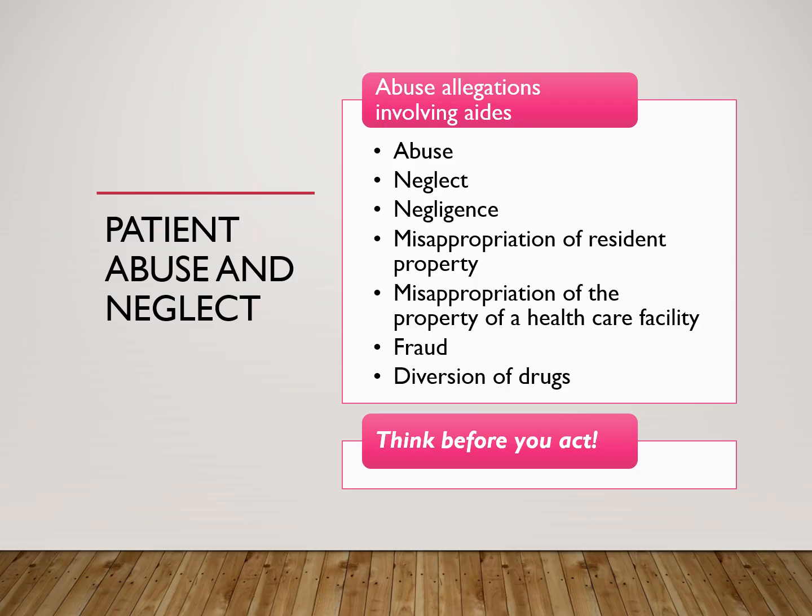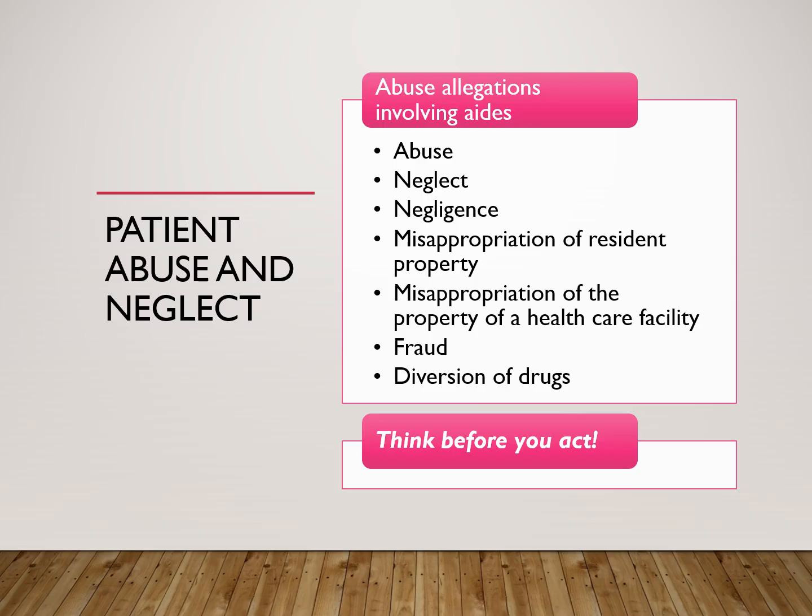The best way to avoid involvement in abuse, neglect, or exploitation of a patient is to think before you act. Ask yourself, if someone you admire, let's say it's Abe Lincoln or Martin Luther King Jr., would they do what you're doing? Would you be embarrassed if your actions were on the headline for tomorrow's newspaper or the 6 o'clock news? Thinking before you act will help you to continue to be the caring and capable aide that you are now becoming.